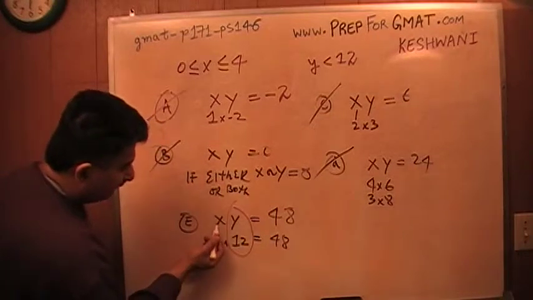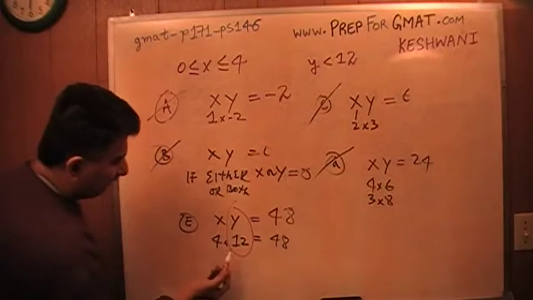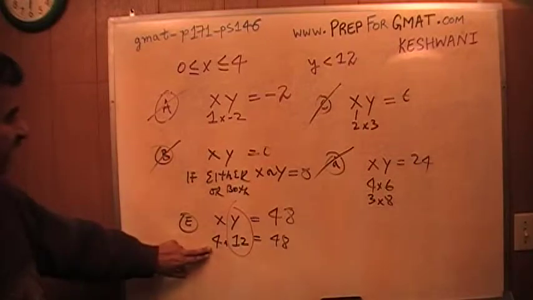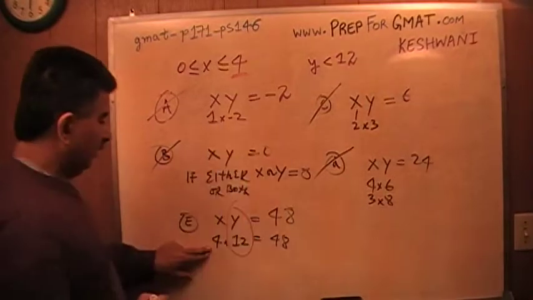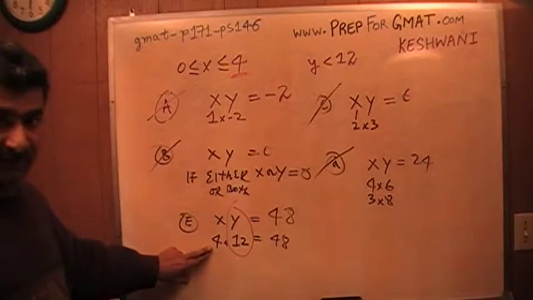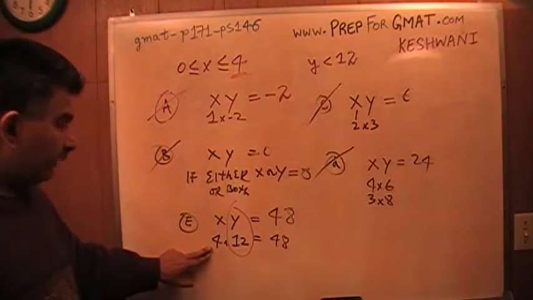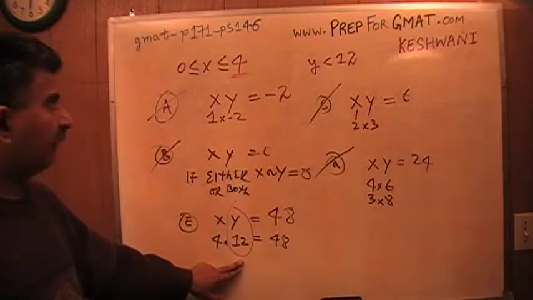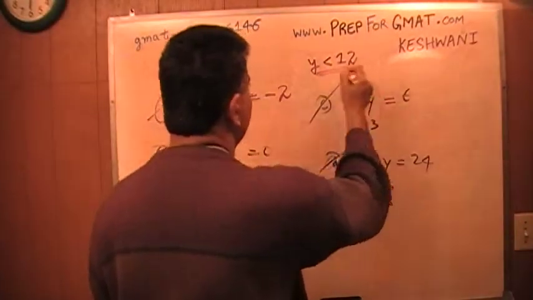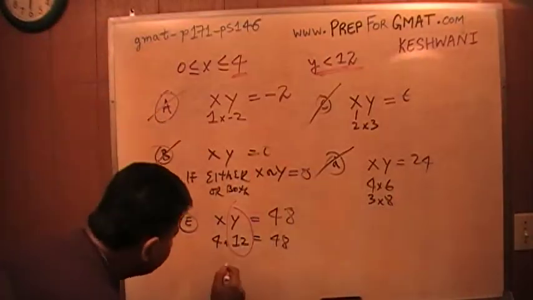It's not possible because the only way x times y could be 48 is when x is as high as possible, which is 4. That is the upper limit on x. Even in that case, y would have to be 12, but we are told that y is less than 12.